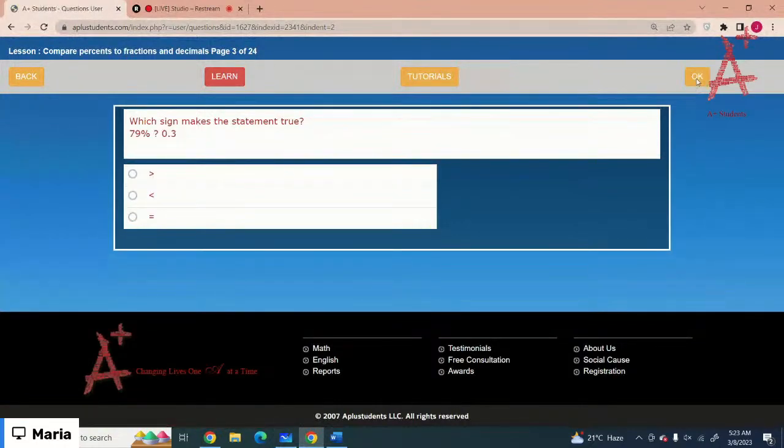Okay. Which sign makes the statement true? 79% and 0.3. So which is the correct option? Convert 0.3 to a percentage also. Got it?